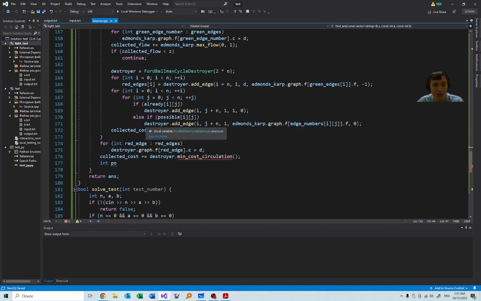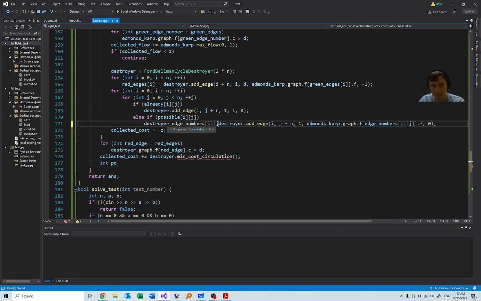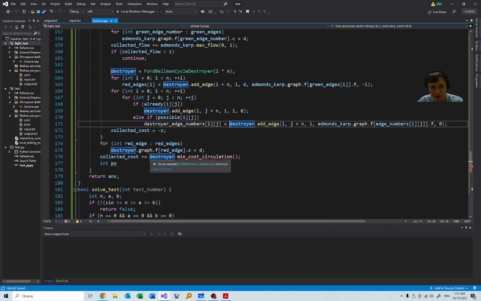Okay, this is fine. So collected cost plus equals destroyer min cost circulation.